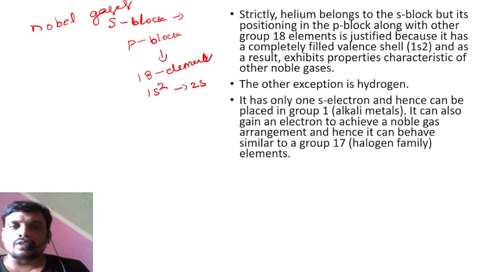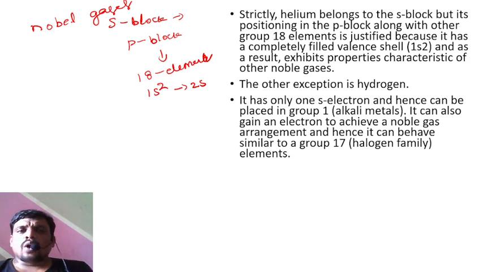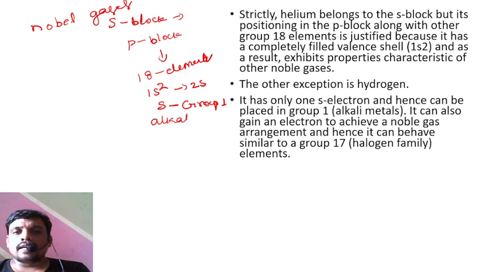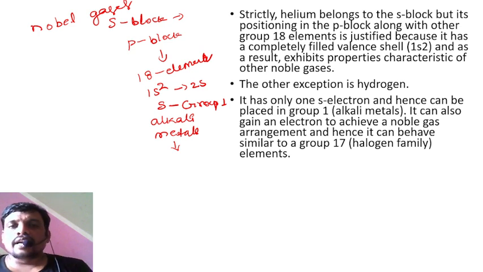The other exception is hydrogen. It has only one s electron, hence it can be placed in group 1. The group 1 elements are called alkali metals. It can also gain an electron to achieve a noble gas arrangement, hence it can behave similar to group 17 halogen family elements.